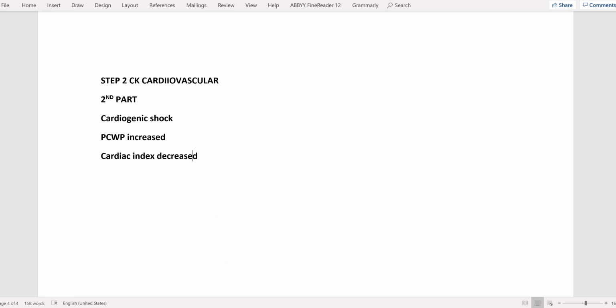And in hypovolemic shock, both will decrease. But in septic shock, PCWP would be normal, but MVO2 would be low or high? High.